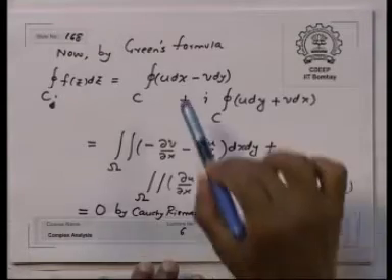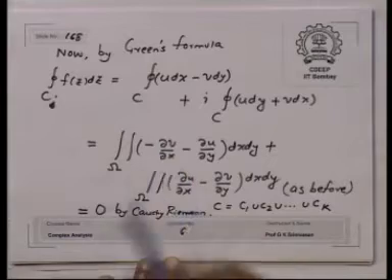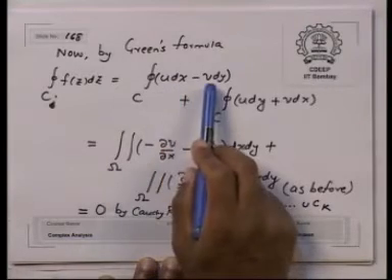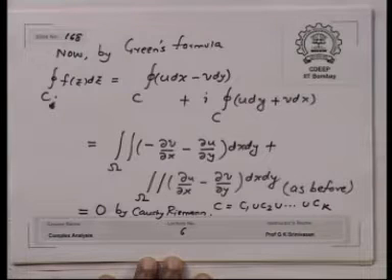Now let us apply the Green's theorem to each of these pieces. Remember, the boundary is oriented positively, that is a blanket assumption. Then you apply Green's theorem: the integral of P dx plus Q dy will be equal to the double integral of del Q by del x minus del P by del y.